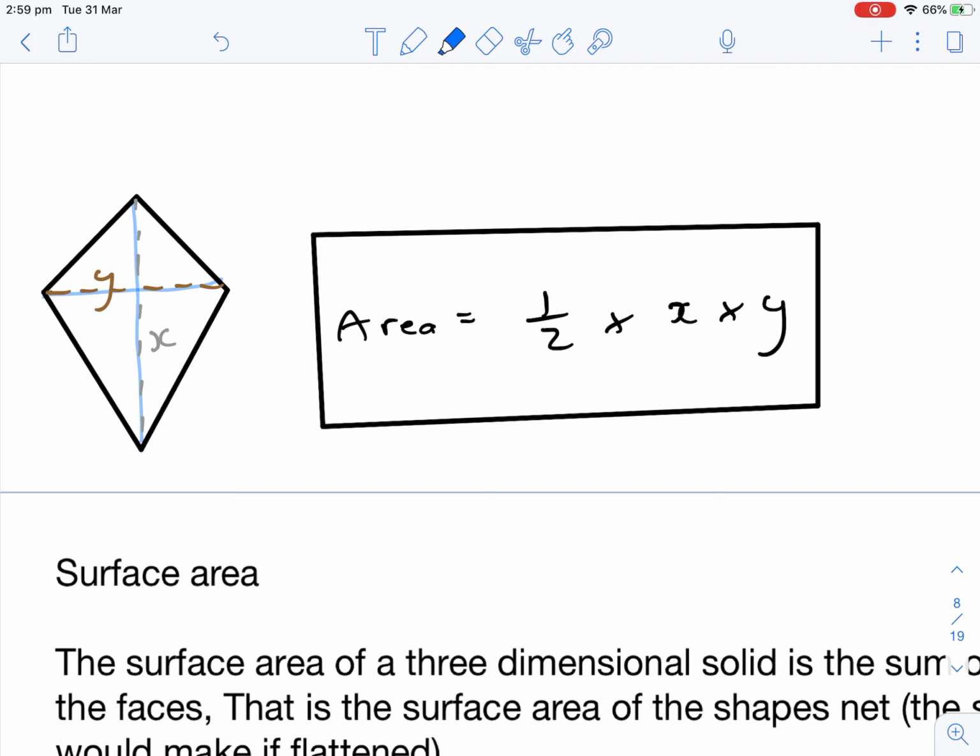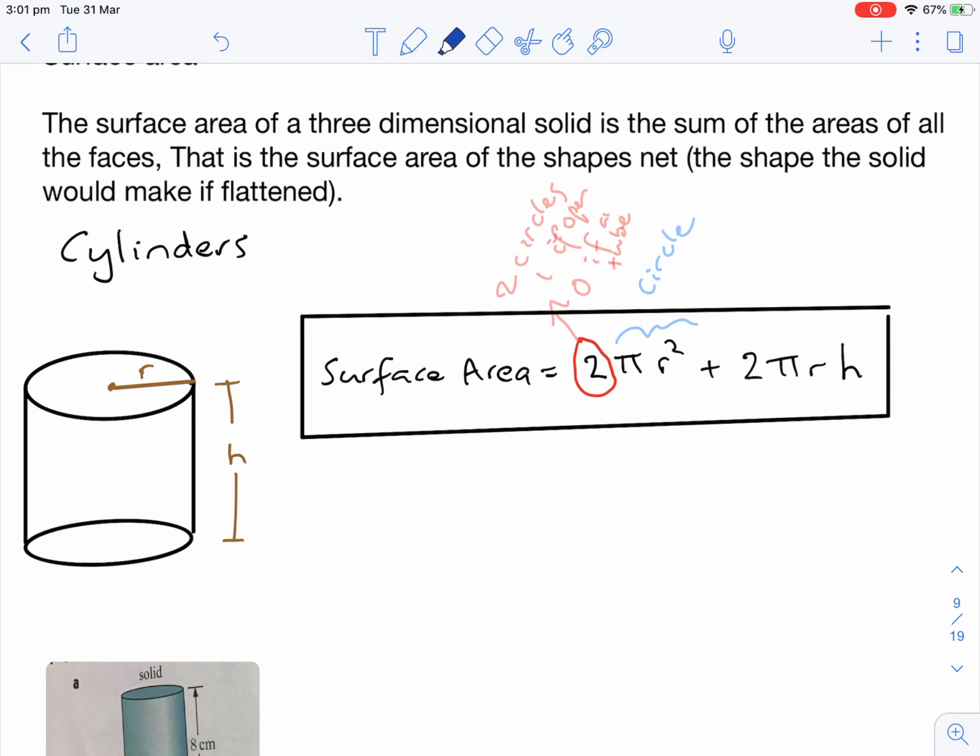So you're going to need to adapt this formula depending on what shapes you actually have and whether those things actually exist. The second part of this formula is basically the walls of the cylinder. So if I was to make a net out of this cylinder, I'd basically have two circles, the top and the bottom, and then the walls of this shape.